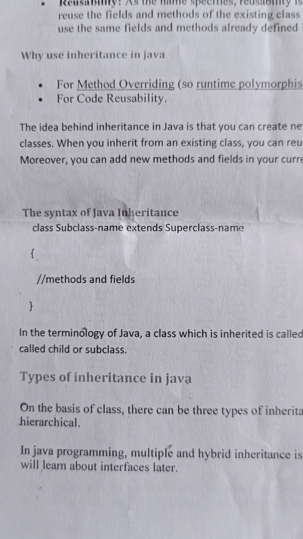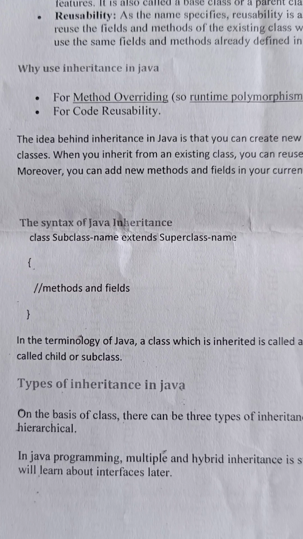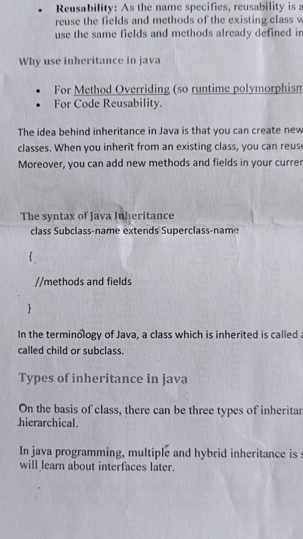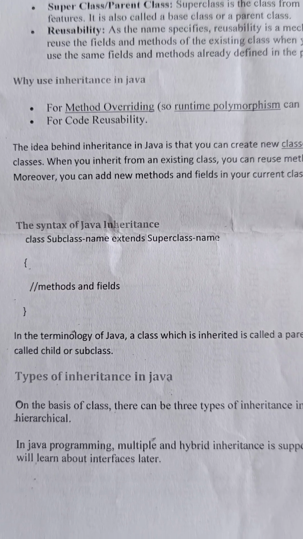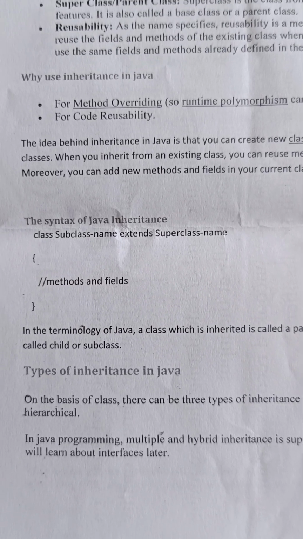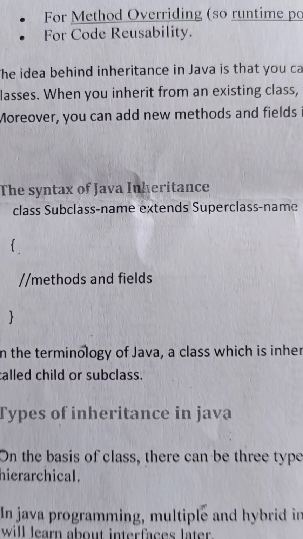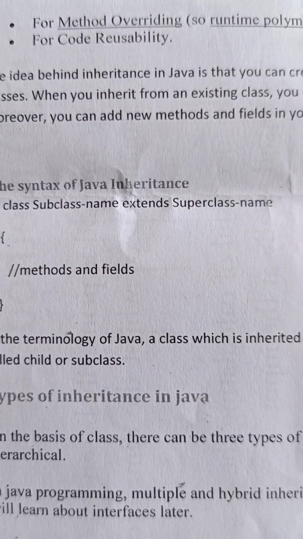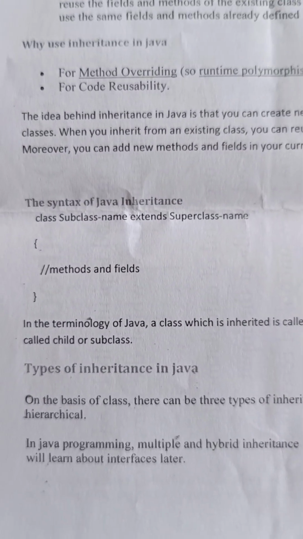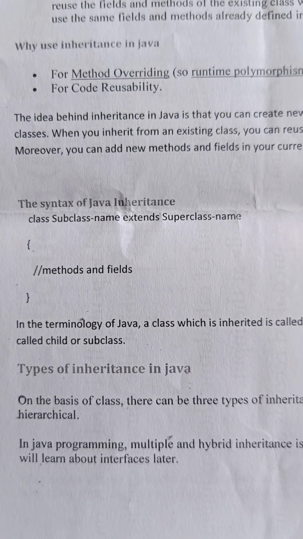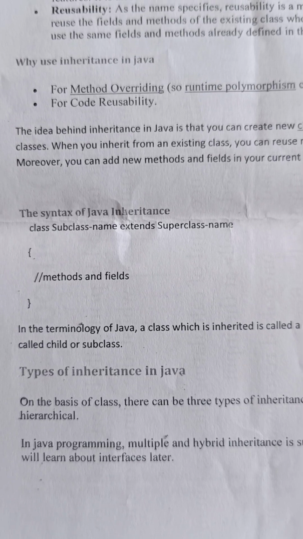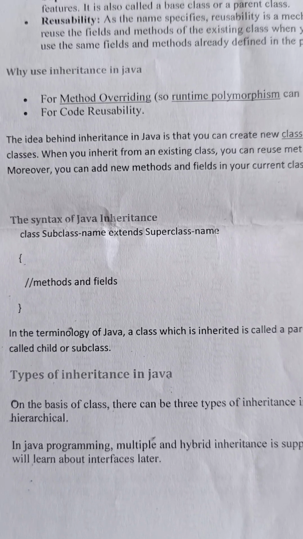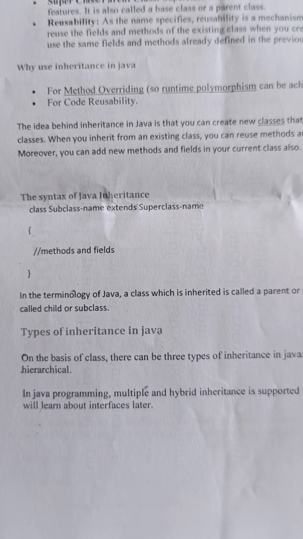The extends is the keyword we need to use for extending the subclass. From that name itself you can easily understand what extend means: extending the features of the superclass to the subclass.